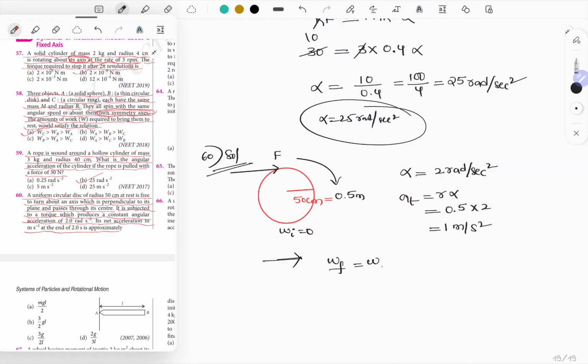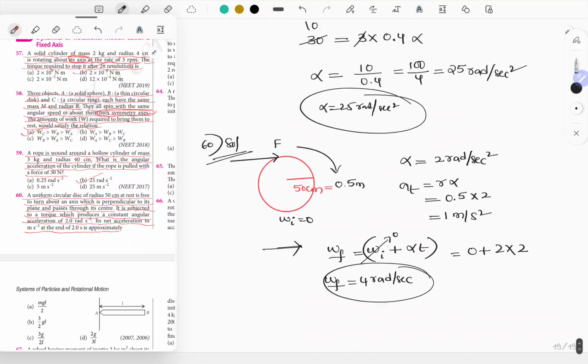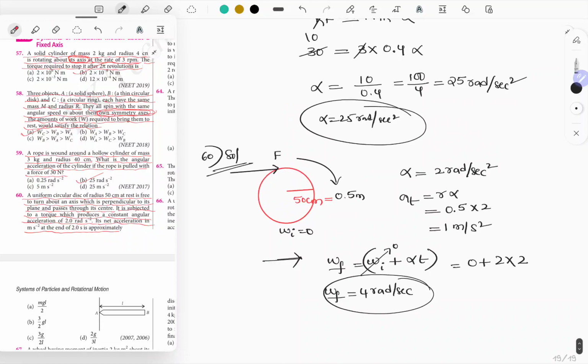Omega final is equal to omega initial plus alpha into t. Omega initial is 0, plus alpha value is 2, into, after what time are they asking? 2 seconds. So omega final is equal to 4 radian per second. I got the answer for omega final. This is what I need.